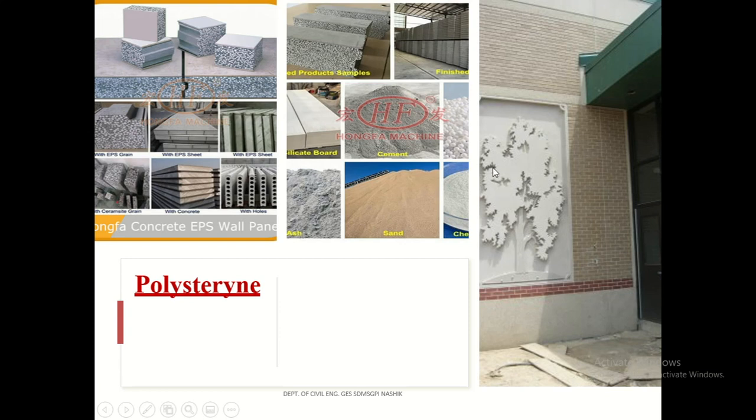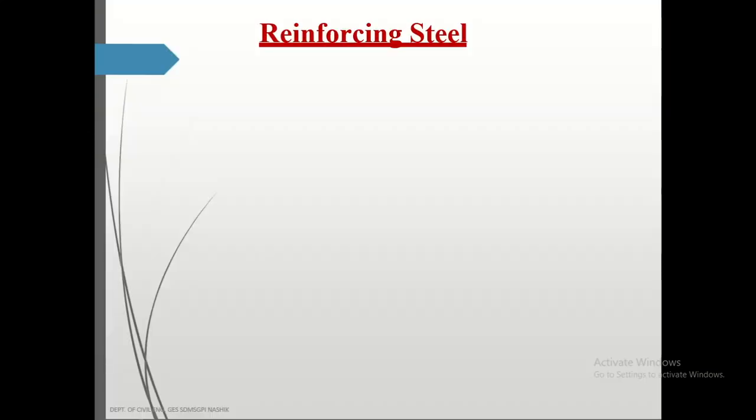So this is precast, and we have just placed it in the wall. This material is also used for precast construction elements. So polystyrene is another material. And you can see the texture we get, such a beautiful texture by the use of polystyrene. So all these are the materials.